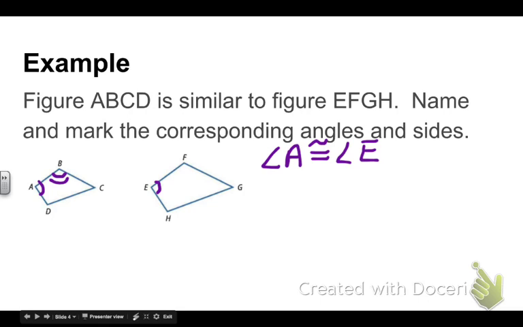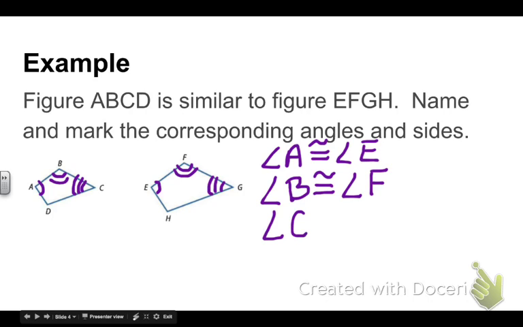The matching one is angle F. So angle B is congruent to angle F. Angle C gets a third marking, 3 arcs, and matches up with angle G. So angle C is congruent to angle G. And then finally angle D, and I wish I had a better way to do this, but I don't, so I apologize.